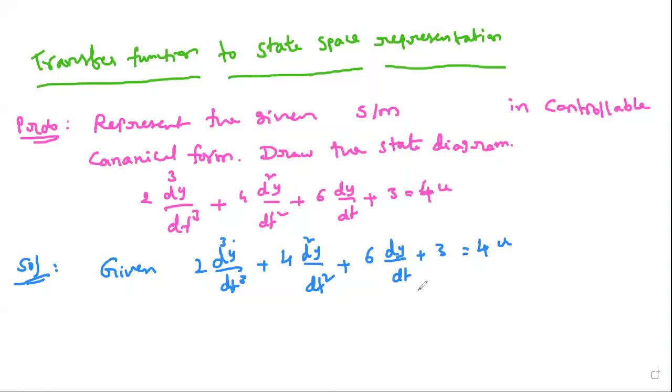Y and dy by dt, and d square y by dt square, so total 3. Yes, sir. Say x1, x2 and x3. Therefore, x1 is equal to y, x2 is equal to dy by dt, and x3 is equal to d square y by dt square.